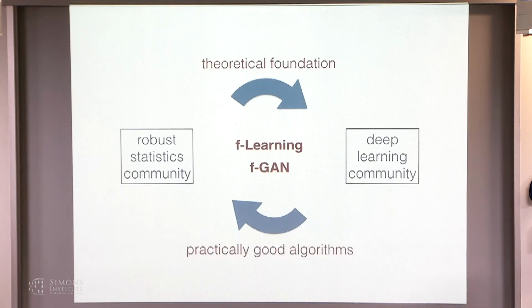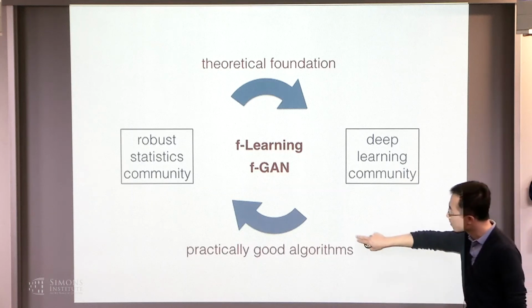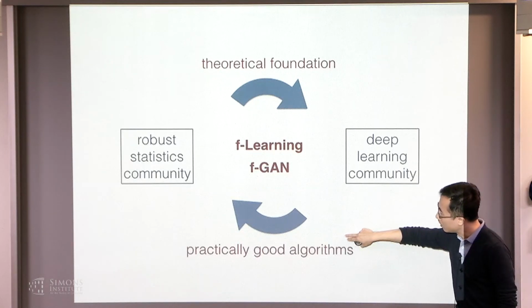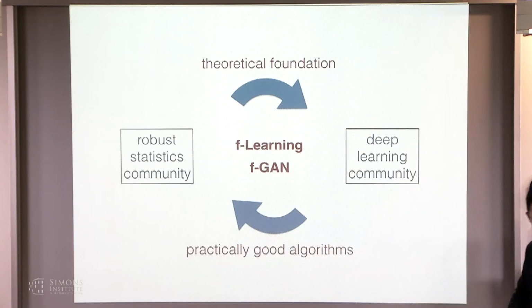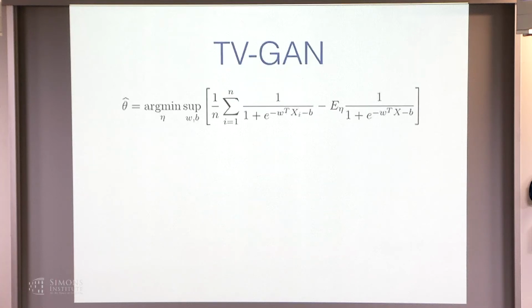Okay. All right. So in the rest of my talk, I'm going to focus on the second direction, trying to convince you why those algorithms in the deep learning community can be used to optimize things that are close to the depth function. So since I already said that Tukey median is the minimizer of total variation distance, regarded as a special case of total variation learning, we can start by looking at this total variation GAN.